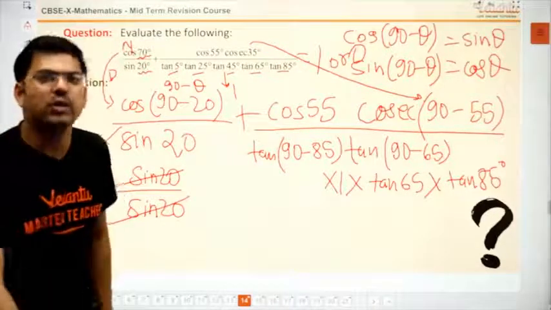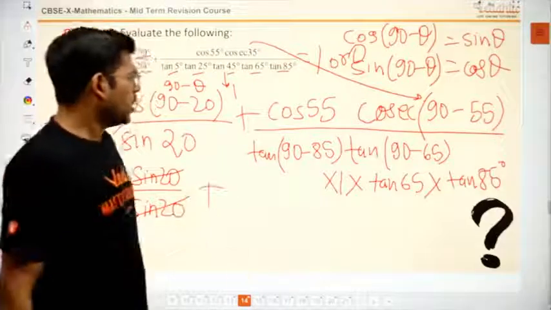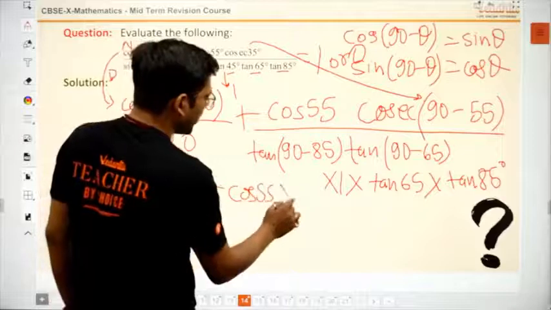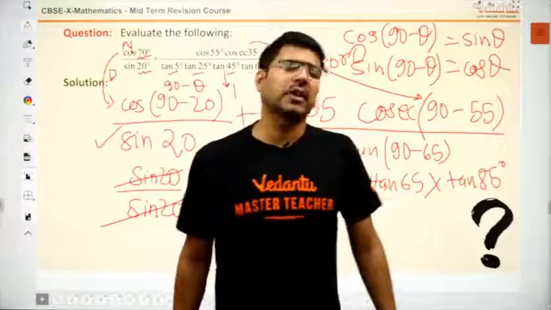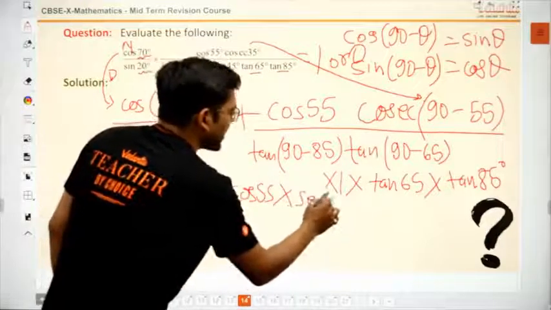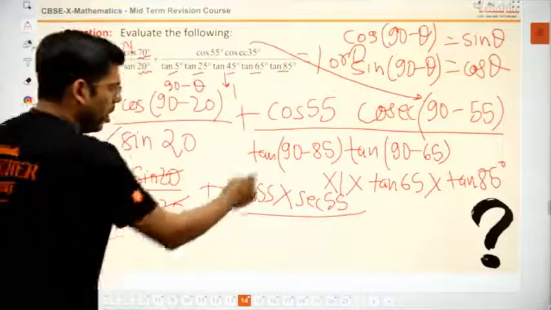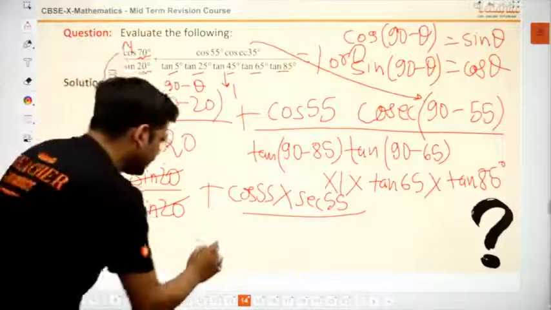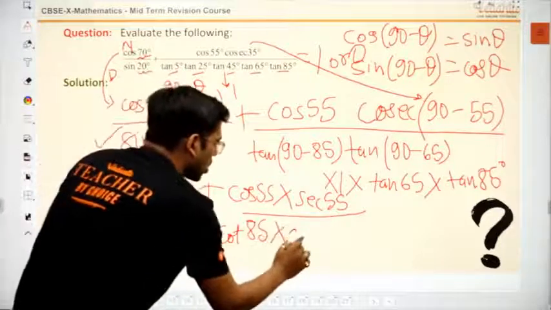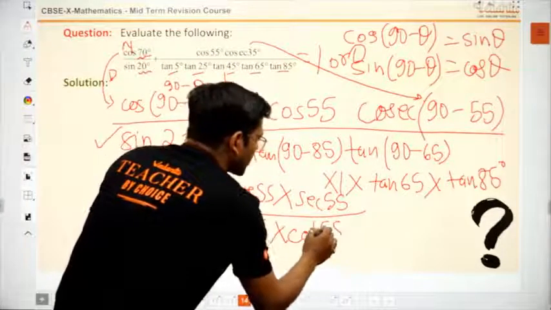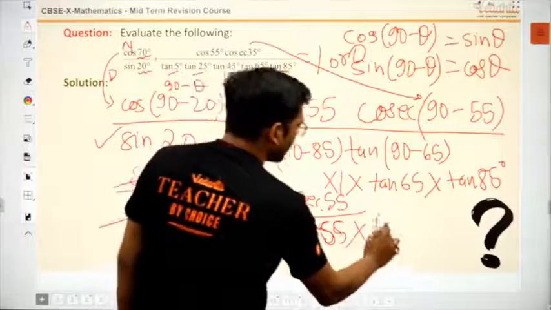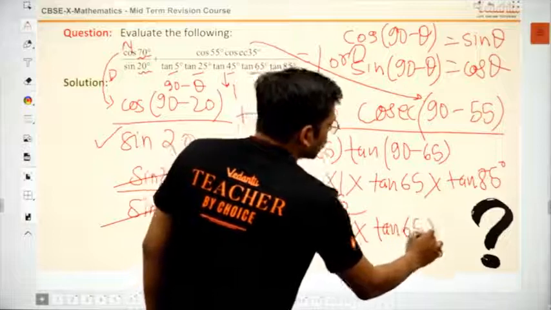Plus cos 55 into cosec(90 minus theta), which is sec 55, divided by tan(90 minus theta), which is cot. So this becomes cot 85 into cot 65, into tan 65, into tan 85.